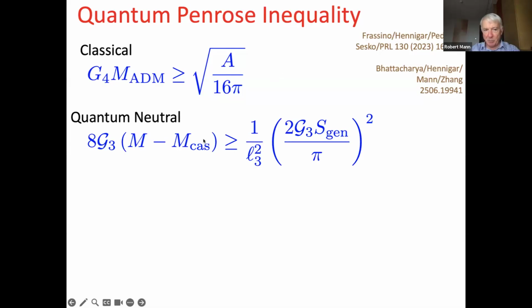They call it M Casimir, but this is really the Casimir energy. And this quantity here, multiplied by 8 times Newton's constant in 3 dimensions, is greater than or equal to this generalized entropy squared, as it turns out, divided by L3 squared times G3.